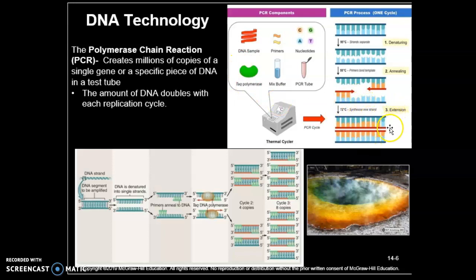We heat it up again, and it goes ahead and makes another strand of DNA. So it does replication within this tiny box, which is super awesome. And it can do it, if you set it for a few hours, it can make millions of copies in just a few hours. And I have a lab for you guys to look at with this as well. It's actually in the lab, there's a video. It's really cool. So check that out.